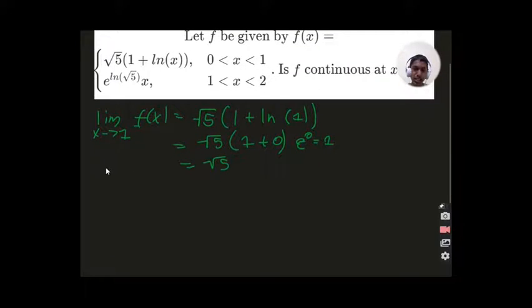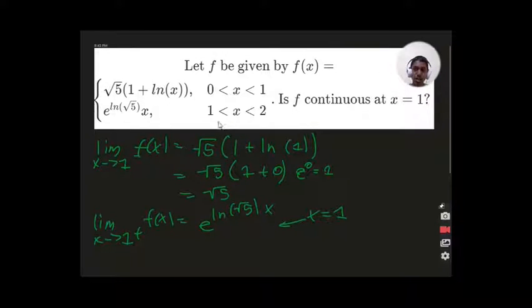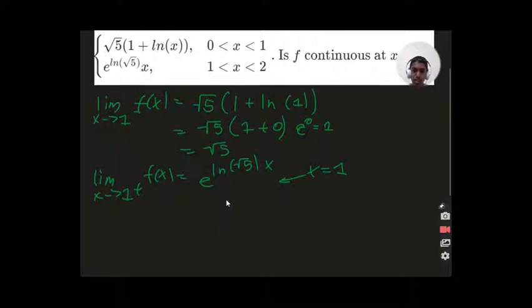Then you check the other limit, from the plus side. We have e to the ln root 5 multiplied by x, and we're plugging in x equals 1. Remember, this is the plus side, so we're looking at x's greater than 1, so it's this piece right here.